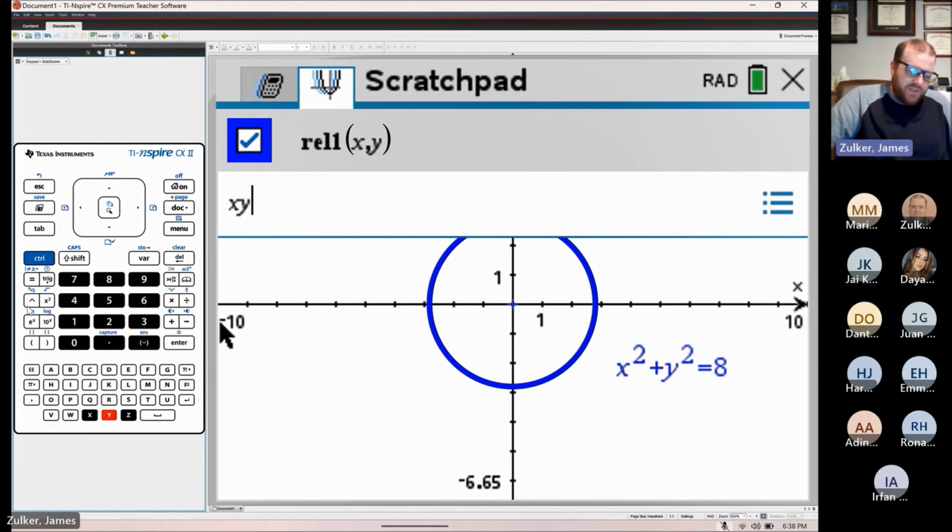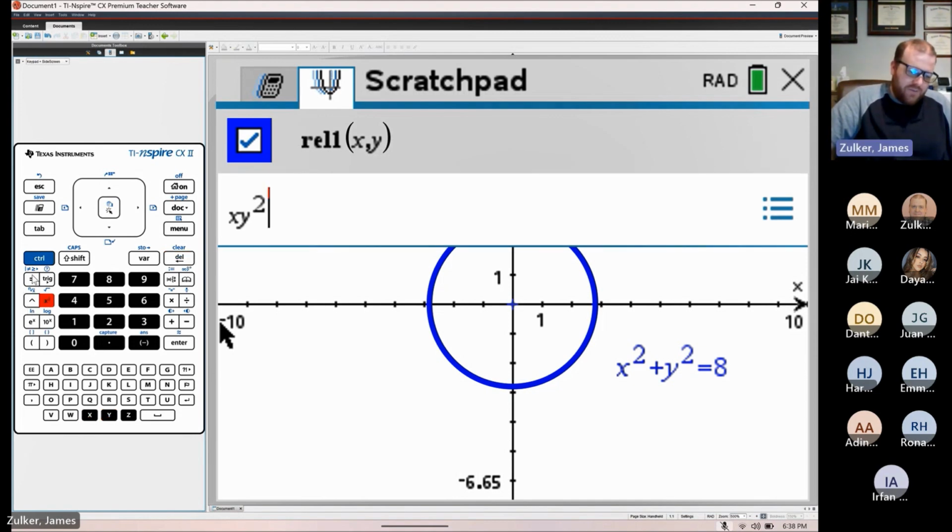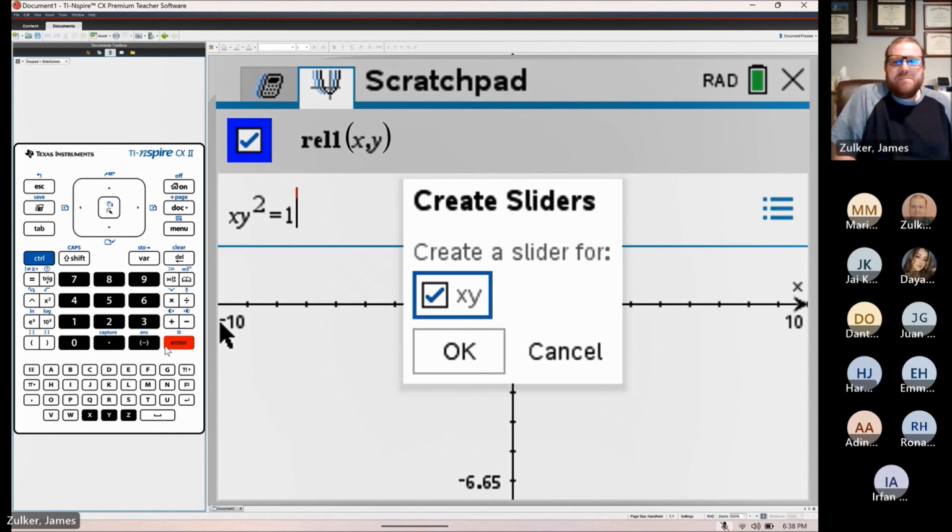It was what? Xy squared equals 1, right? Look what happens.